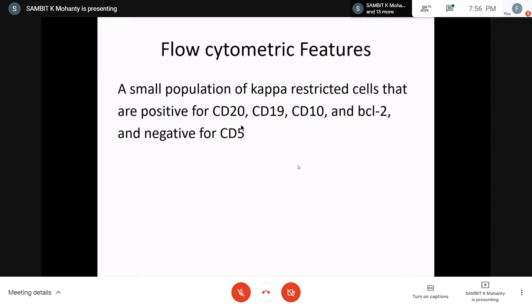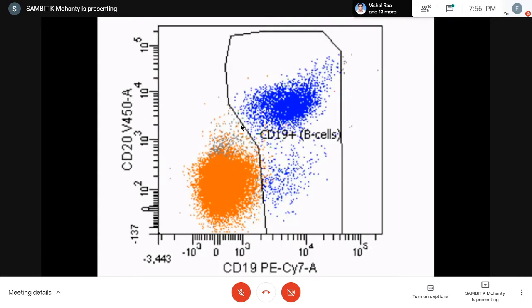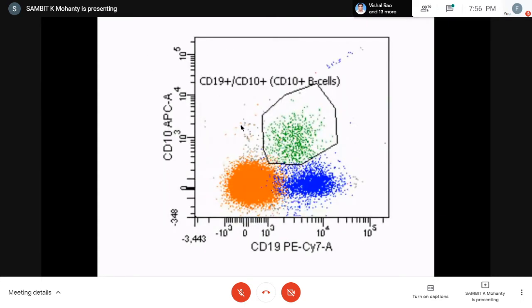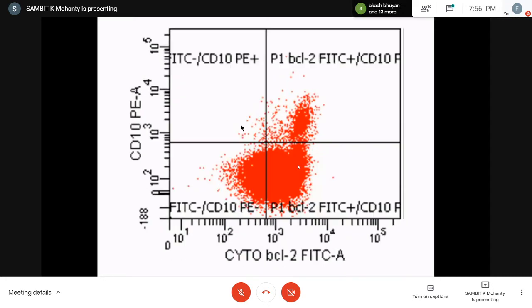Flow cytometry shows a small population of kappa restricted cells that are positive for CD20, CD19, CD10, and BCL2, and negative for CD5. So I would not be wasting my time going much into the flow details. I'll just quickly show you the CD19 and CD10 positive, CD5 negative cells, and the kappa restricted, CD20 positive cells.